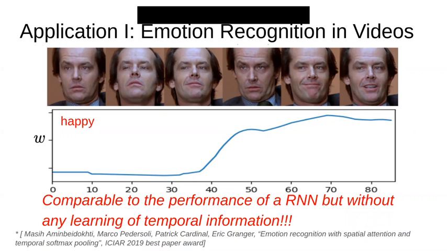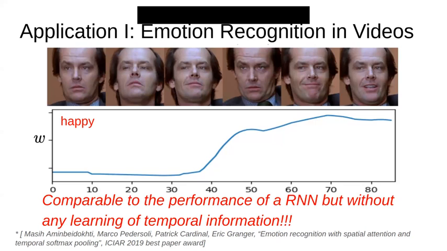Finally, I won't show you many results, but what was interesting is that with this simple approach, for a specific data set, we were able to get performance that is comparable to a recurrent neural network.